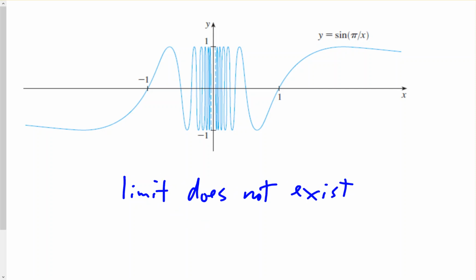Sometimes you'll see it abbreviated DNE for does not exist. That'll happen anytime you have oscillating behavior near where your limit is. So as we approach 0, you'll see this wild fluctuation.